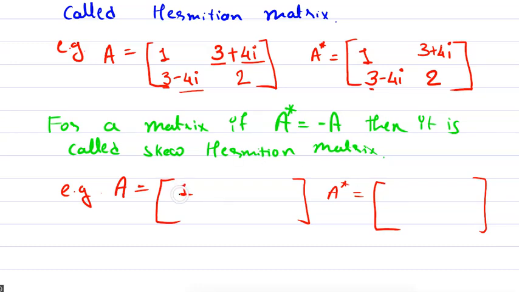Okay, so I have to place 0. But if I want to place i here, then it will be minus i here, correct? And in the transpose, it will not change the position, so it will remain there. So now I want A star being minus A, so that this will work.